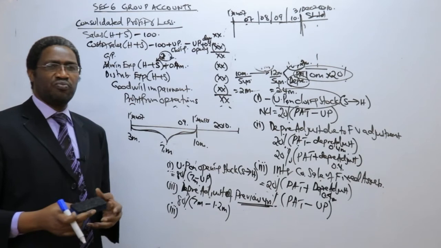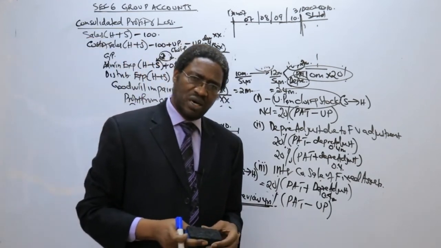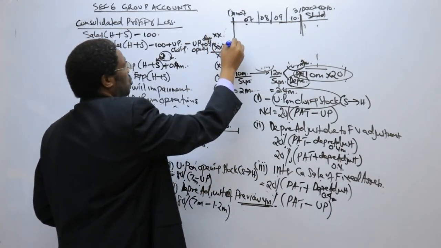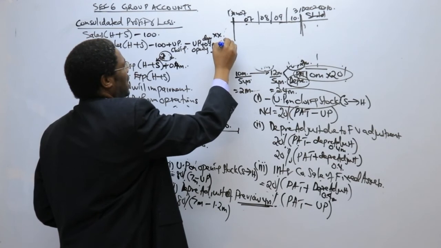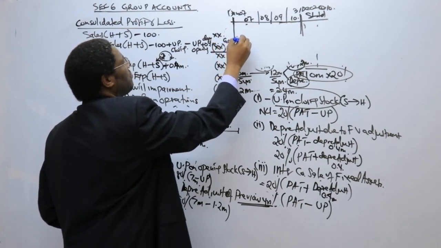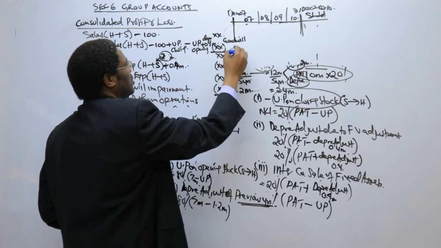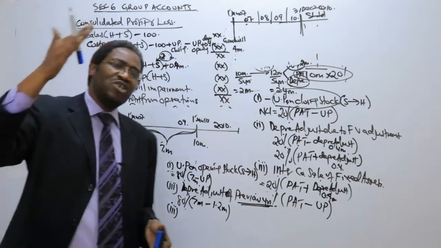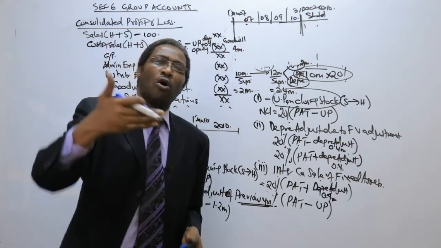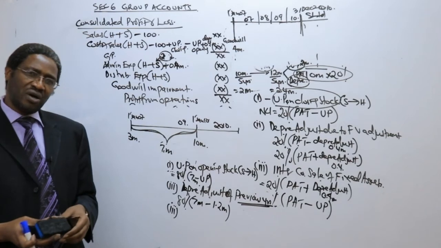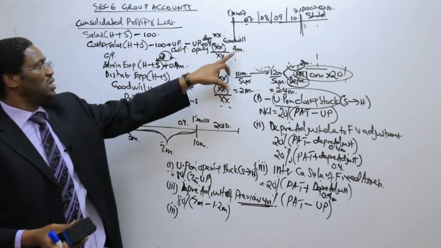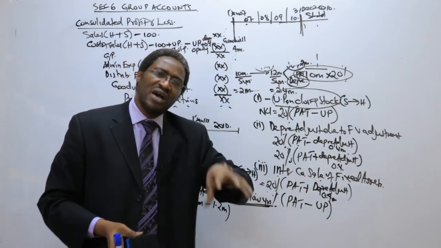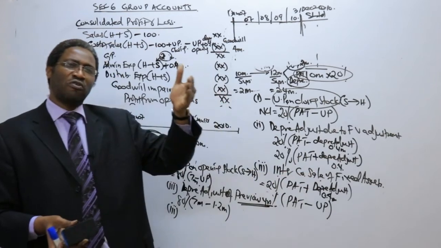So let us assume that when you acquired that subsidiary company, you computed their goodwill and you found the goodwill of that subsidiary company at that time was 4 million.